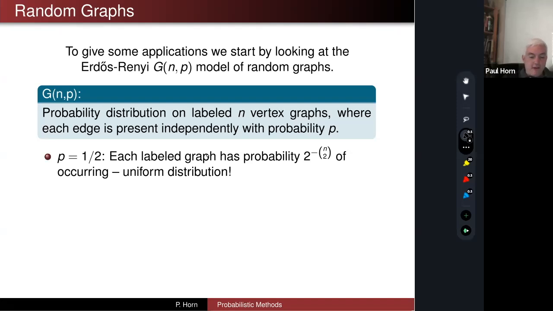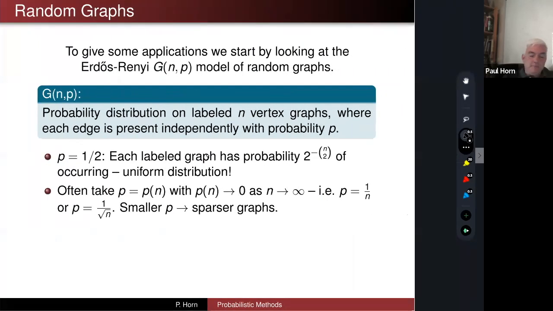Every labeled graph has the exact same probability of appearing, which is 2 to the minus n choose 2. This is actually exactly the model that we looked at earlier when we looked at the Ramsey number. And people often vary this p to get graphs that have different properties, or at least likely to have different properties.